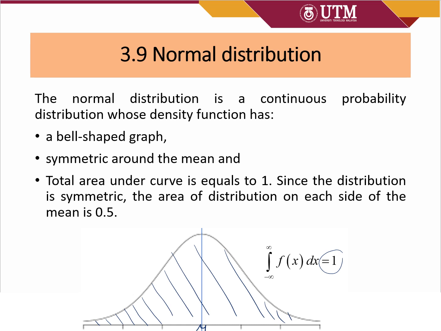Since this is a continuous probability distribution, it involves integration, so the total area under the curve is from negative infinity up until infinity, and the total is equal to 1. Meaning that half of this bell graph is equal to 0.5, and the other half is also 0.5.